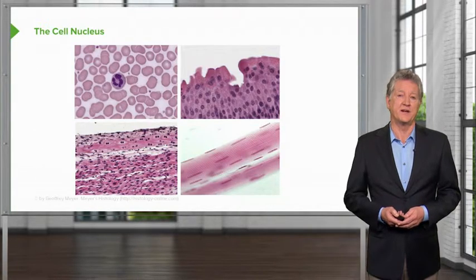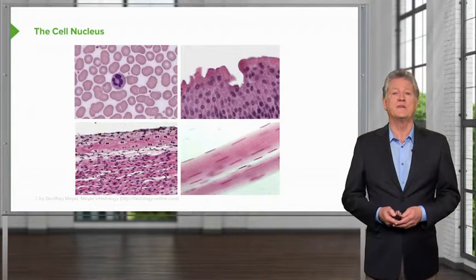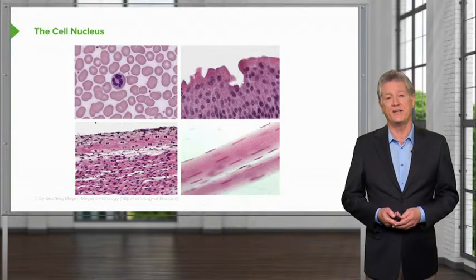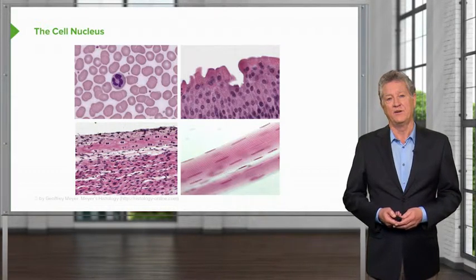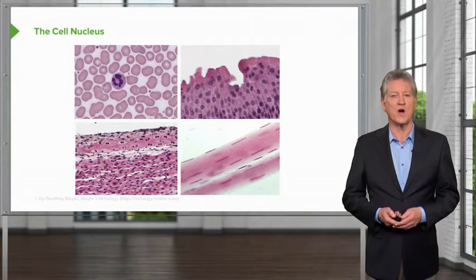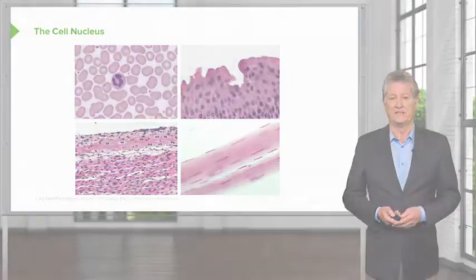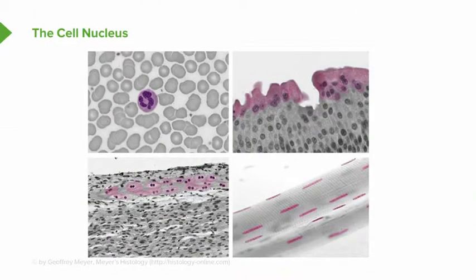Have a look at this slide. Look at the top left-hand image, one of blood cells, and right in the middle you can see a neutrophil. That neutrophil has what we call a segmented nucleus. The nucleus is not a nice circular structure you normally would expect to see, but you can see it's divided into a number of little lobes.